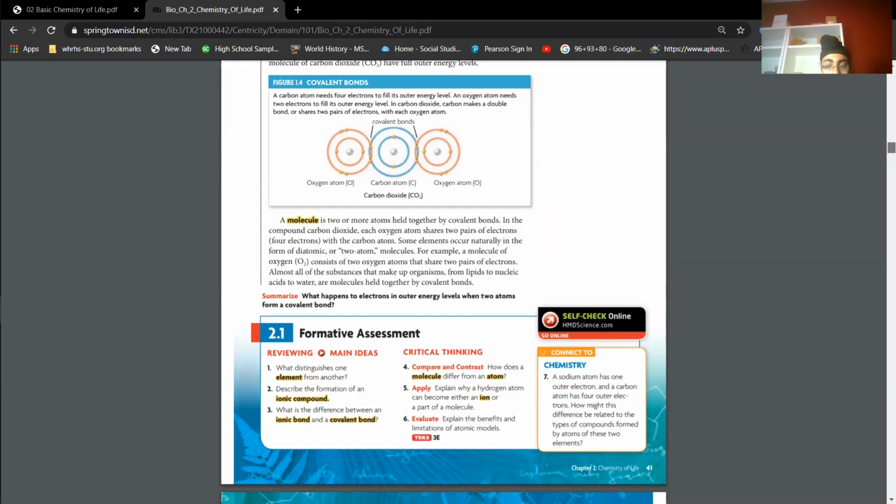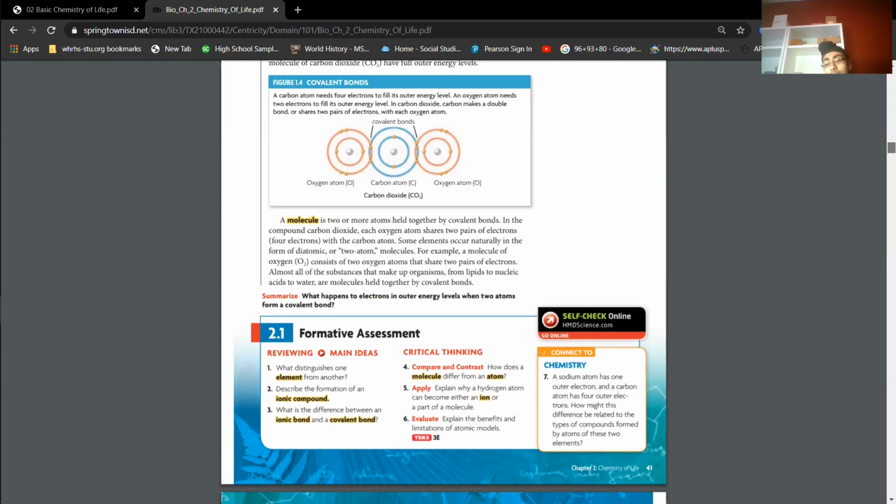So it needs to get rid of that one extra electron, and that electron is going to travel to chlorine. Chlorine has 7 electrons, meaning it's missing one to have a full shell. So it's going to take that electron that sodium kicked out of its atom and take it up for itself.